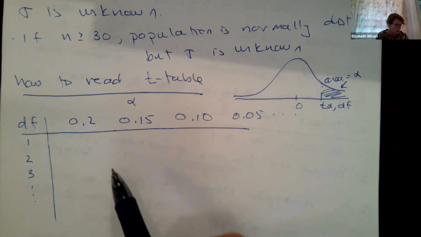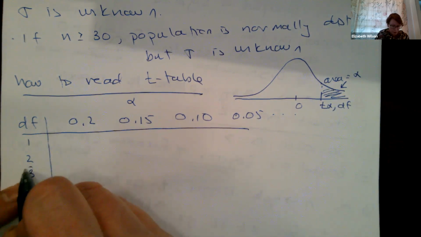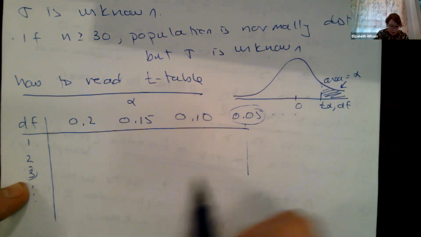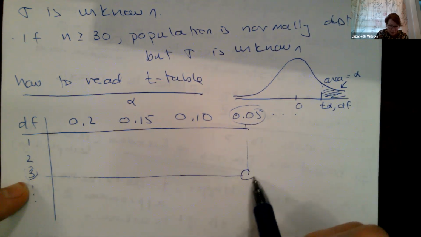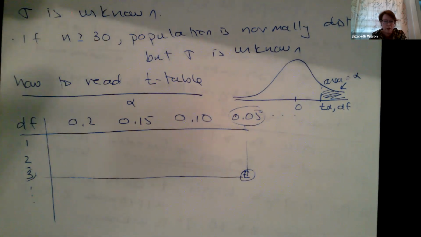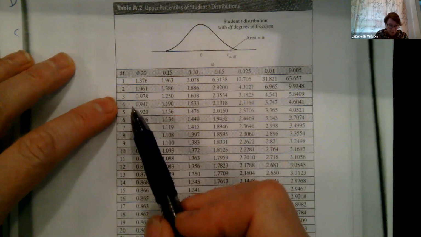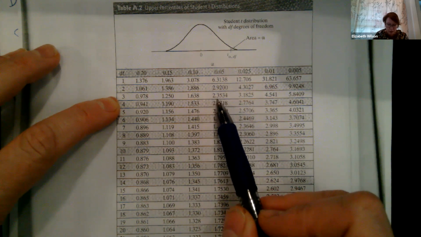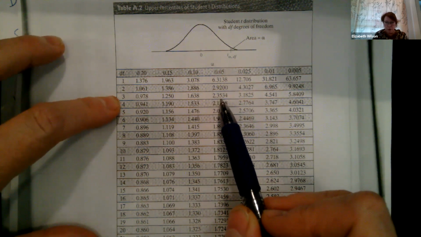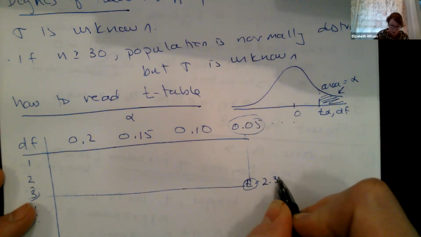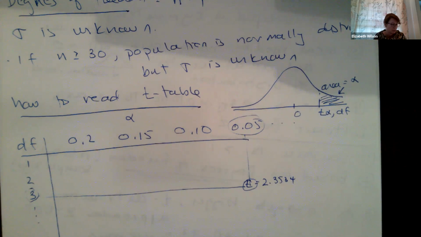If I have a degree of freedom equal to 3 and an alpha equal to 0.05, I'm going to read over here and take this t value. Going to my degree of freedom equal to 3 with alpha 0.05, my t value corresponding to that is 2.3534. That's how I'm reading this table.